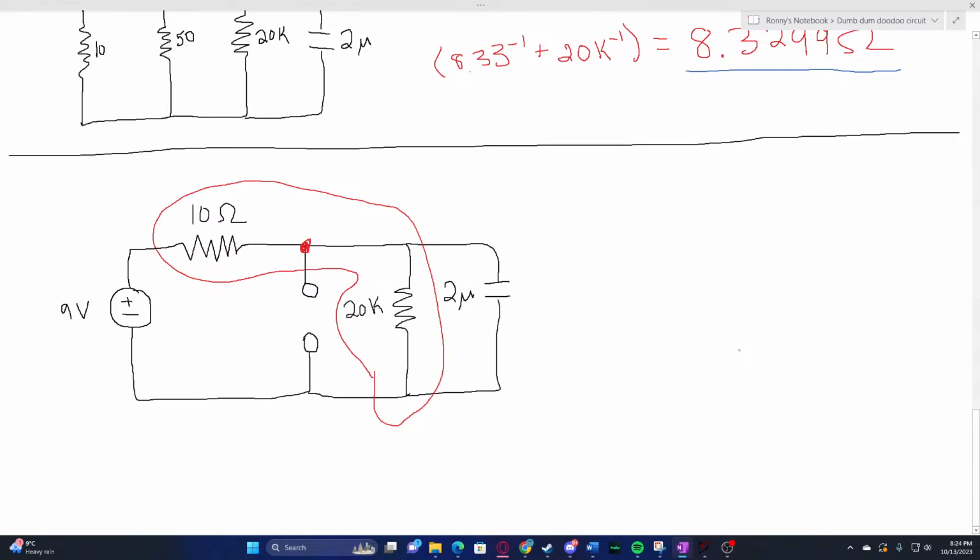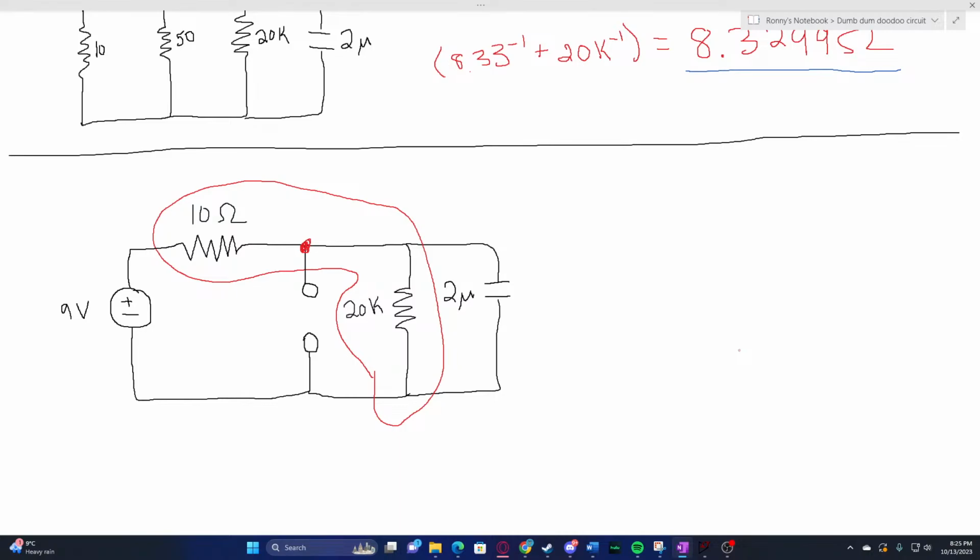Because 20K is so much bigger than 10 ohms, the load would have almost the full 9 volts across it. If I did the 10 ohm and the 20K in series, that's 20K divided by 20,010 times 9, which is 8.9955 volts.